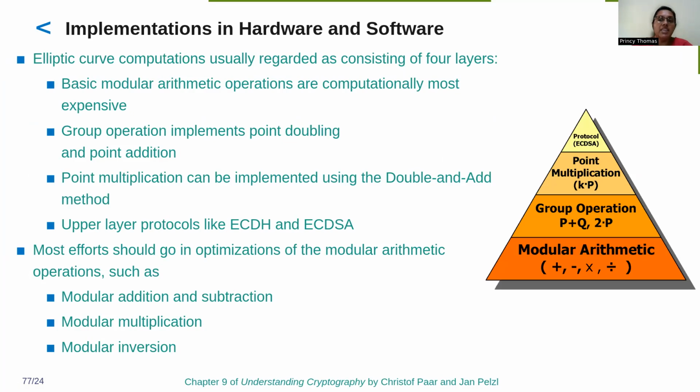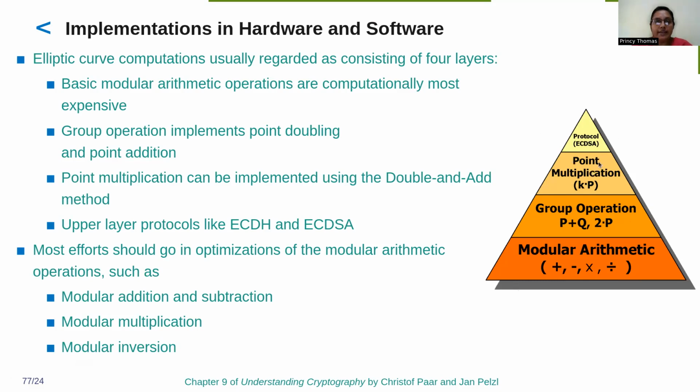Now we're going to look at implementation. Elliptic curve cryptography is implemented both in hardware and in software. The computations, if you see, are normally done in 4 layers. One, we require modular arithmetic. Another, we require group operation. And we require point multiplication.